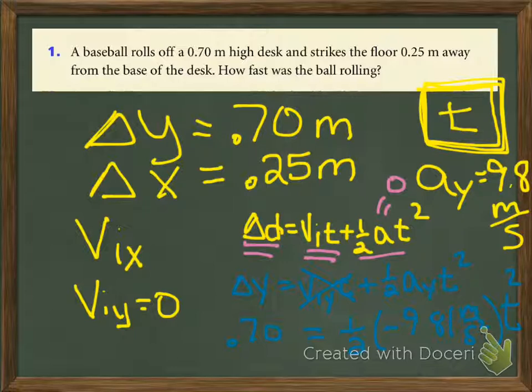Also, since the ball is rolling off and it's striking the floor, we have to take into consideration that the change in y from the top of the desk to the bottom of the floor is in the negative direction.